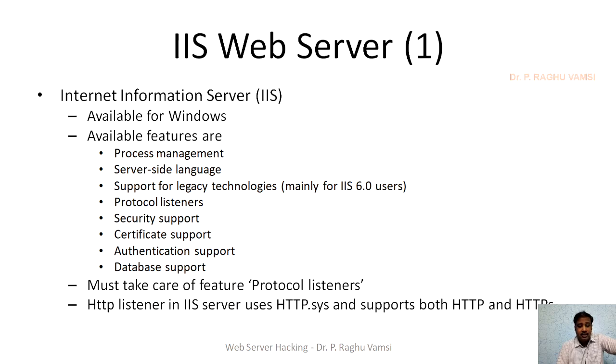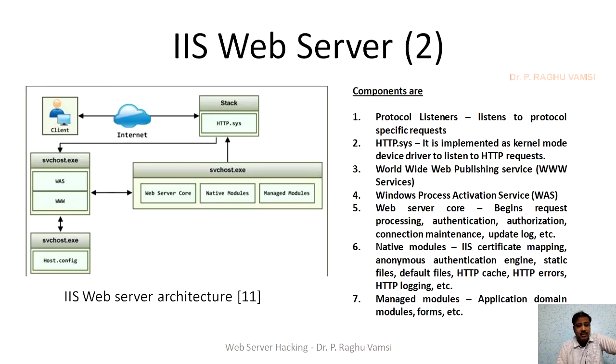These are the things available in the IIS server. If you look at the architecture of the IIS web server, it is a very simple architecture. At the same time, it is completely built based upon loose coupling and high cohesion.